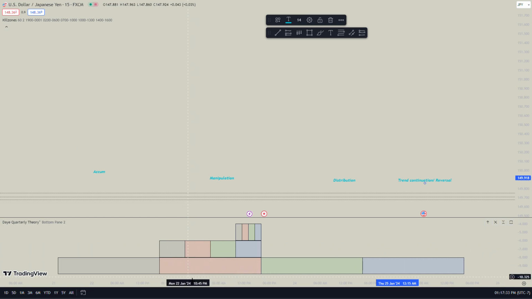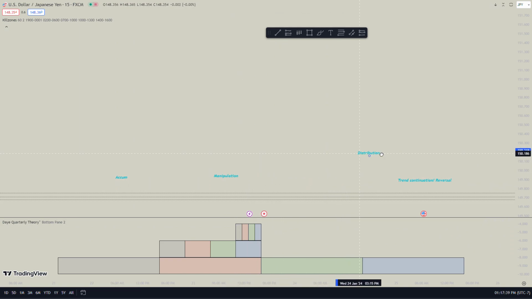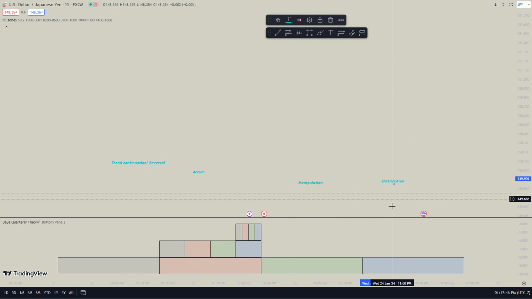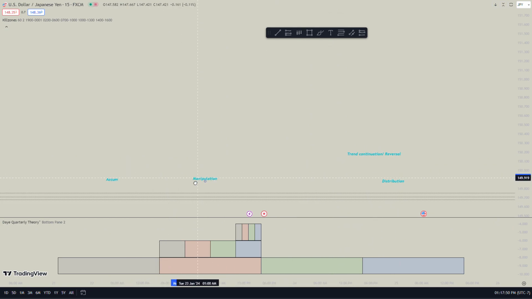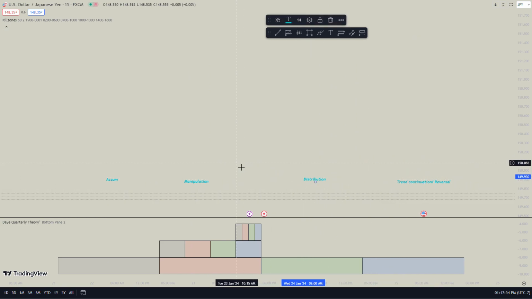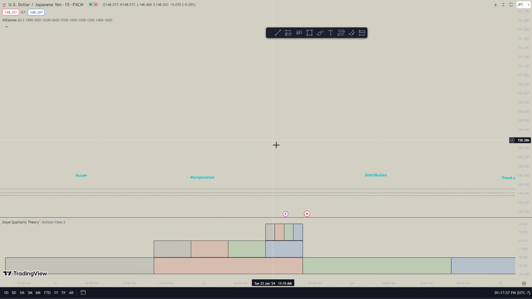The next phase, instead of manipulation, it'll be accumulation. The next one after that will be manipulation. The next one after that will be a distribution. And that's only if this switches around. However, I've noticed on my trades that doesn't really happen that often, so it's not something you need to worry about. But that can happen, and I'll get into that later on today.